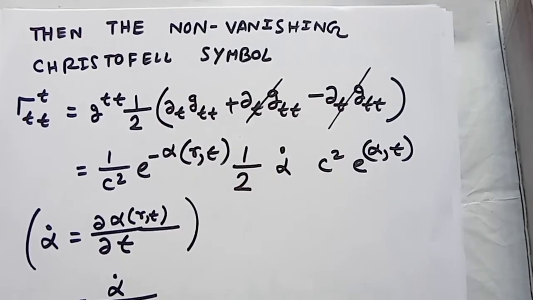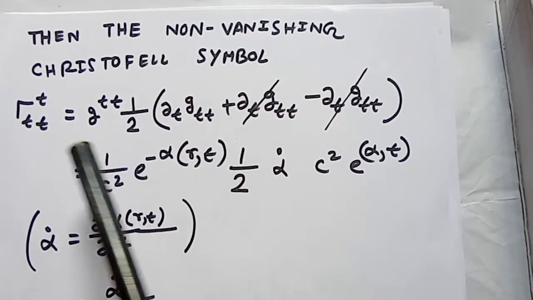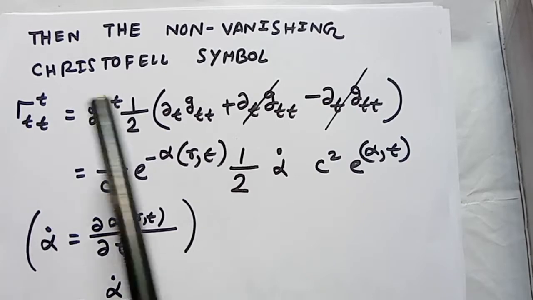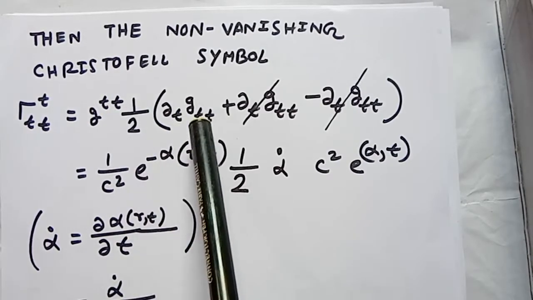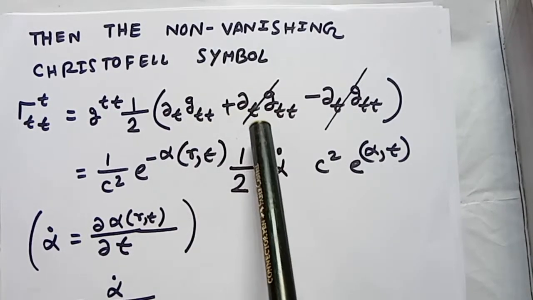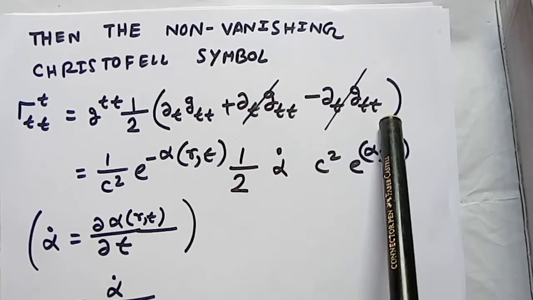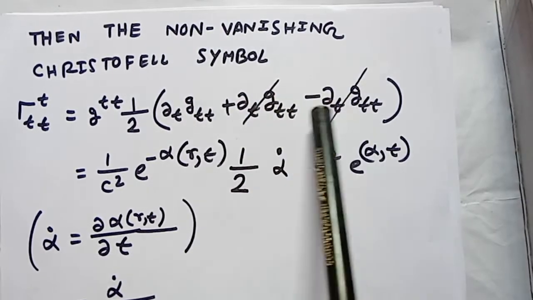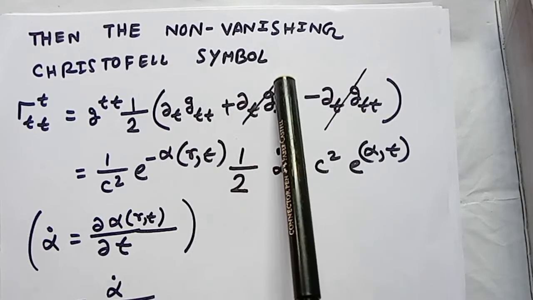Now the non-vanishing Christoffel symbols: gamma ttt is half of del t g tt plus del t g tt minus del t g tt. These have the same magnitude and opposite sign, so they cancel each other.